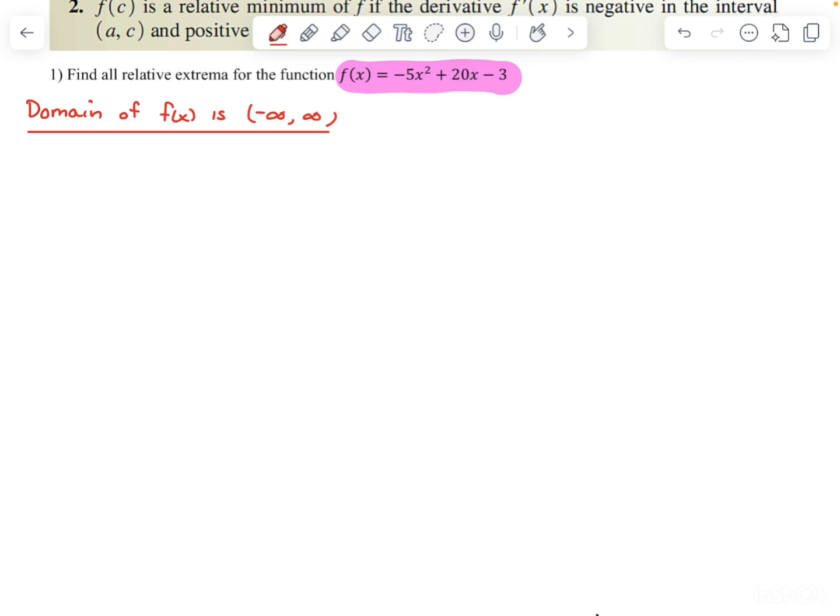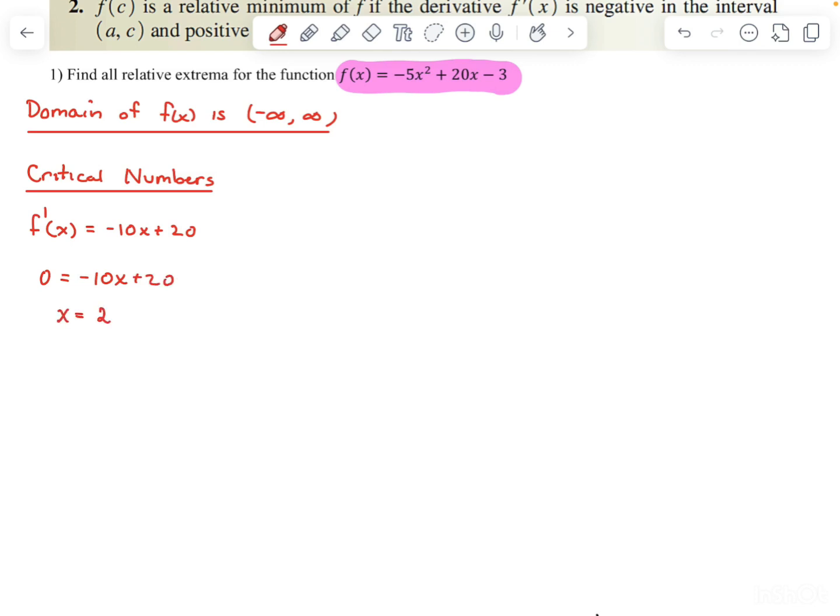Now that we have the domain, we can go ahead and figure out the critical numbers. To do this, we need to determine where the derivative is equal to 0 and where the derivative is undefined. The derivative is negative 10x plus 20. Setting the derivative equal to 0 and solving for x will yield x is equal to 2.